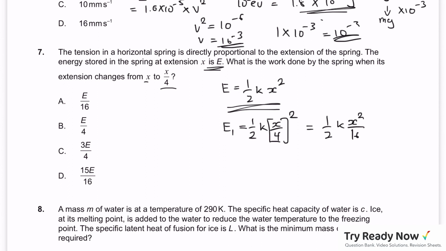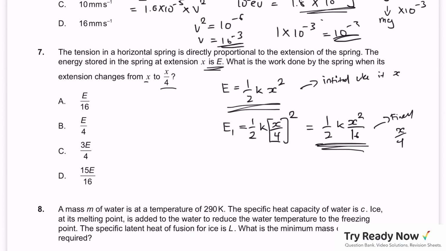Now this is the energy stored in the spring at this instant. And we know that this is the initial energy, so I'm just going to write that down: initial, when it's x. And now this is the final, when it's x over 4. So what this means is that we're actually looking for the difference.